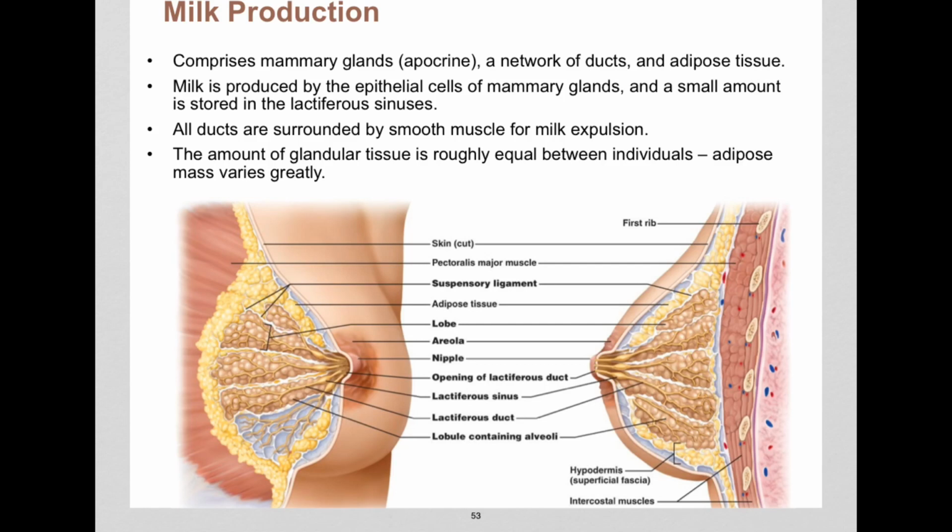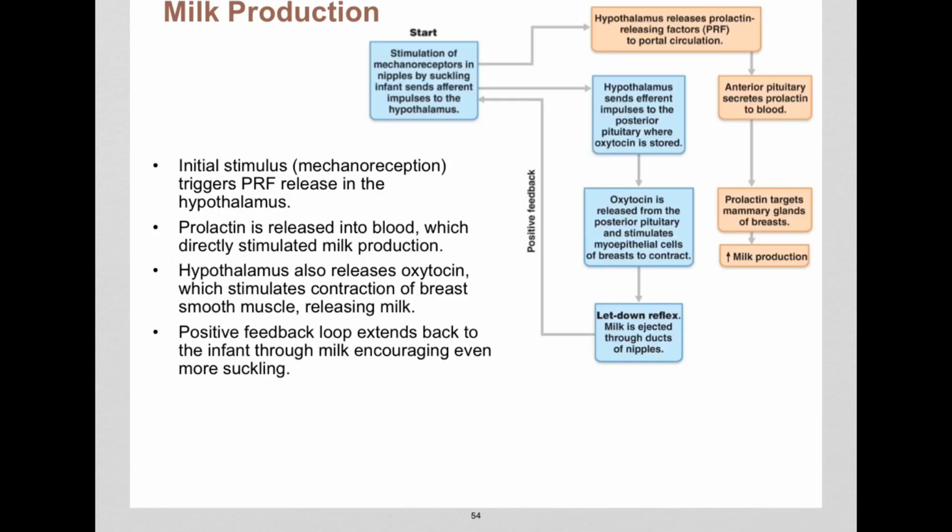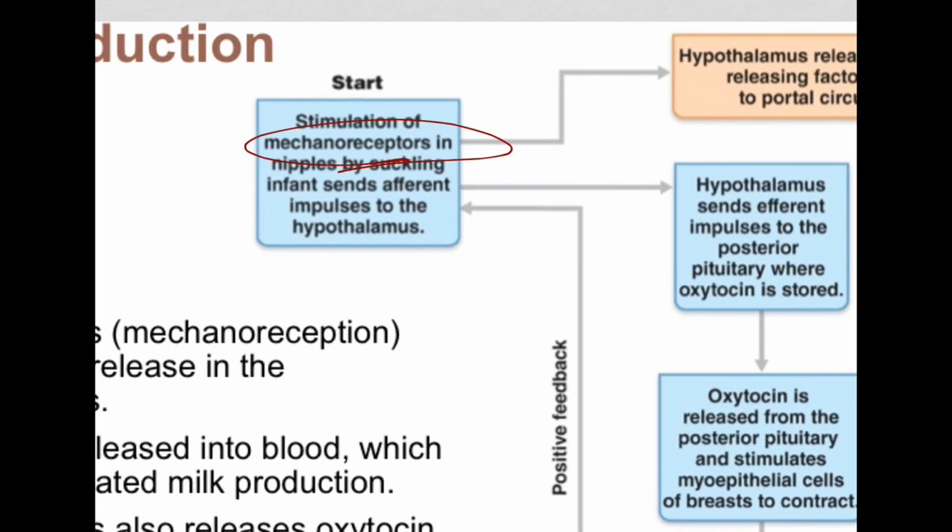And the ducts are surrounded by smooth muscle. So you're producing the fluid and then using smooth muscle to push it out at the right time. And the right time is something that's initiated mostly by mechanoreceptors. And so mechanoreceptors sense the movement produced by the infant trying to feed.